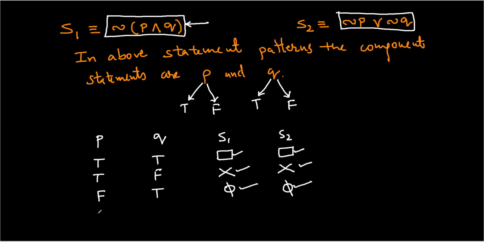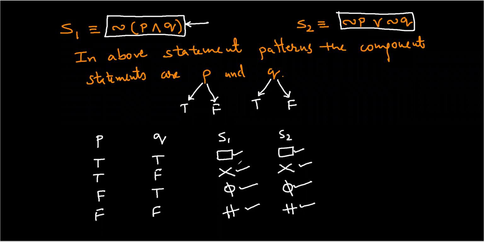Then the final combination is P false and Q also false. You find the truth value of S1, and the same truth value you get for S2. So once again you are getting the same truth values.